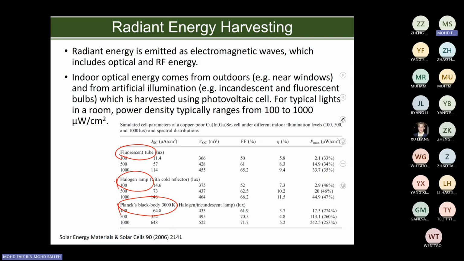JSC is the current density for short circuit. VOC is open circuit voltage. FF, fill factor. I think when we discuss the photovoltaic, we will look at what this fill factor is. And then the efficiency and the maximum power that can be produced in terms of power density.